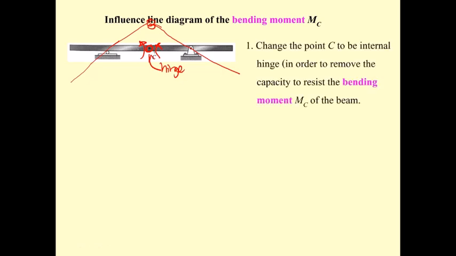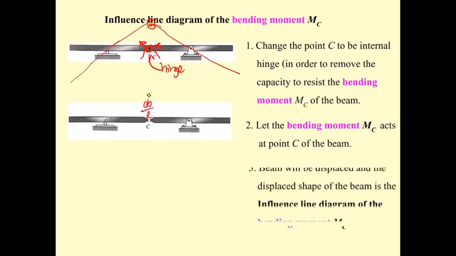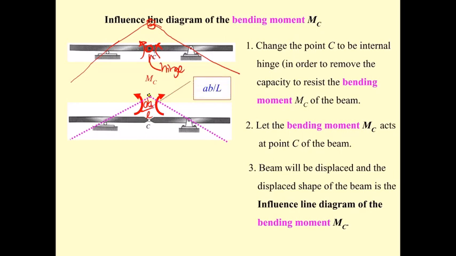First, change point C to be an internal hinge, removing the capacity of resisting the bending moment, or eliminating the moment resistance out of point C. Then put the M sub C on this hinge. It's going to move to AB over L, so this is going to be AB over L. Then you have the shape, and you also have 1 unit rotation there.